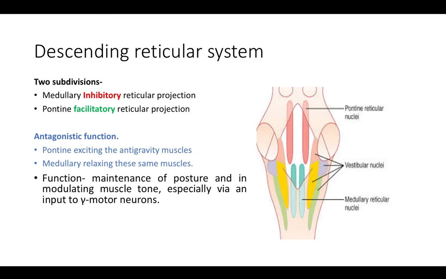Now these two basically innervate the anti-gravity muscles. One interesting feature is that both of them have opposite actions and hence are called antagonistic. Medullary reticular projection is inhibitory to the anti-gravity muscles and pontine reticular projection is facilitatory to anti-gravity muscles.